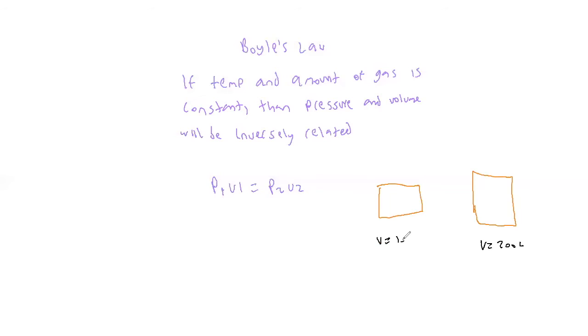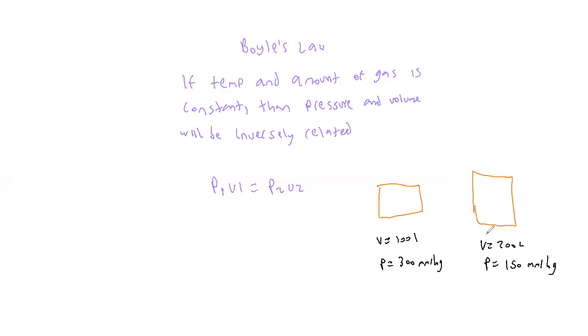Volume equals 100 liters. Pressure in this one, though, is going to equal, I'll just say, 300 millimeters of mercury. And we see here that in this one, pressure equals 150 millimeters of mercury.